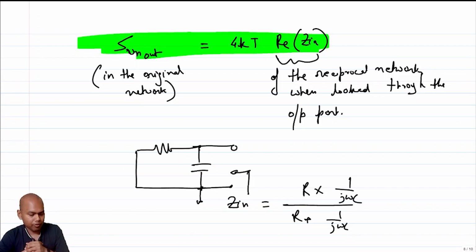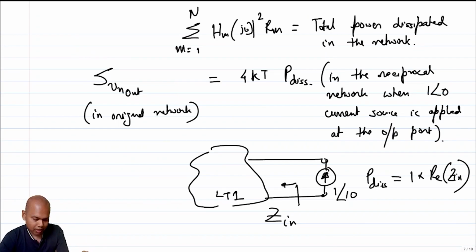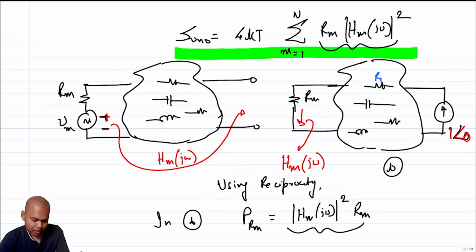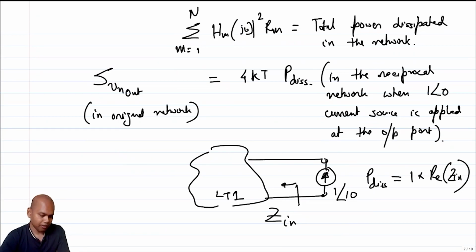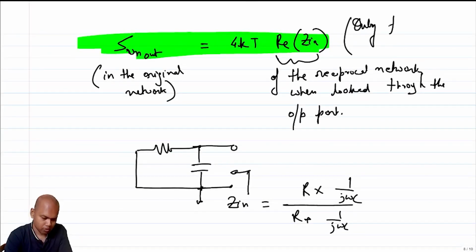That is what we have done till now. But before we stop here, the caveat that you must understand is this equivalence only holds for a perfectly LTI network having only Rs, Ls and Cs, because this relationship, where I am relating the power dissipation within the network to the effective noise, is only valid if you do not have any controlled sources within the network.